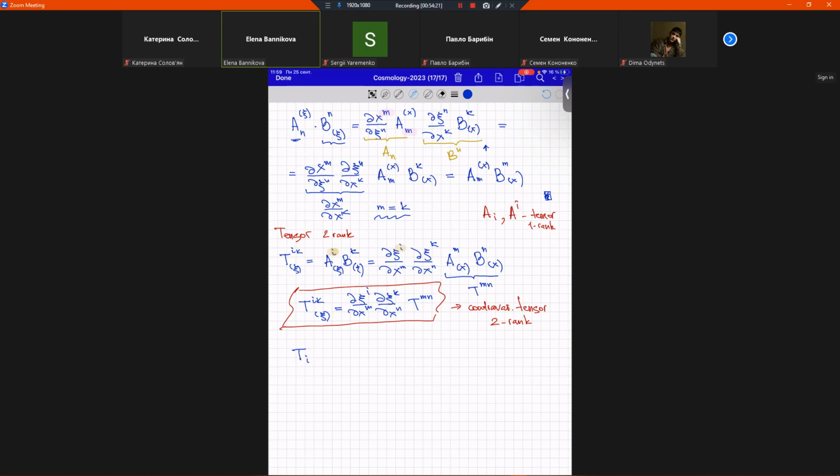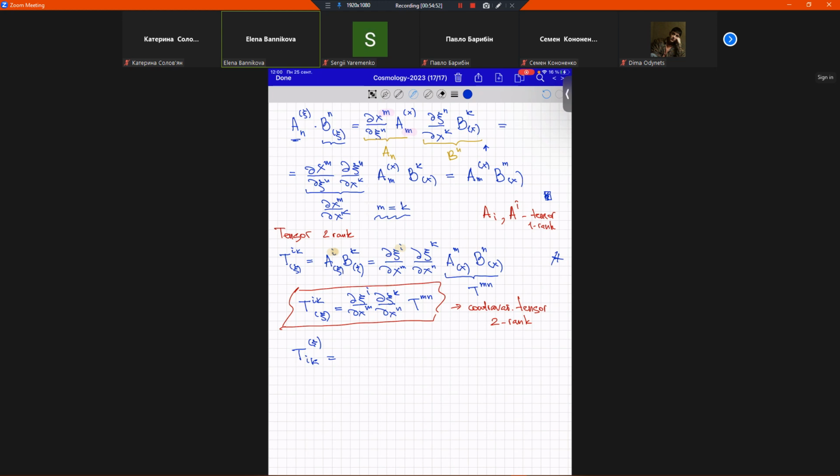And as soon as I say the second rank, it means that I have two indexes. So T C i k equals, in reference system C, and we can do the same. I will not repeat; I can immediately understand how it can be organized.